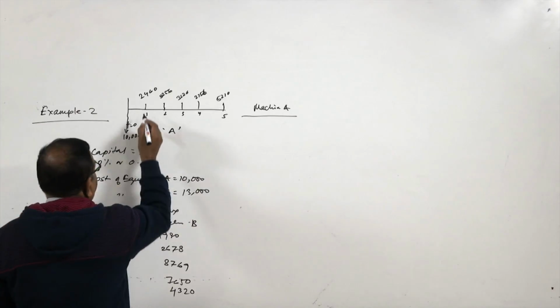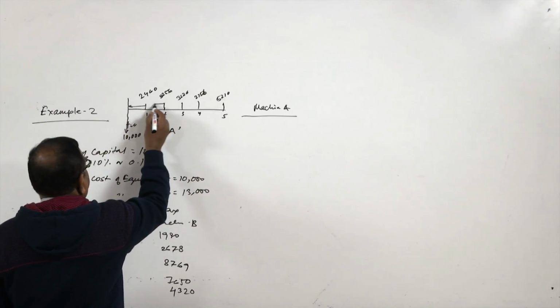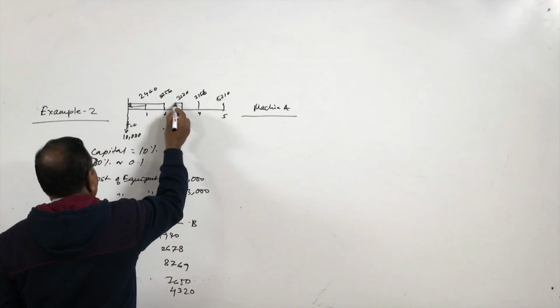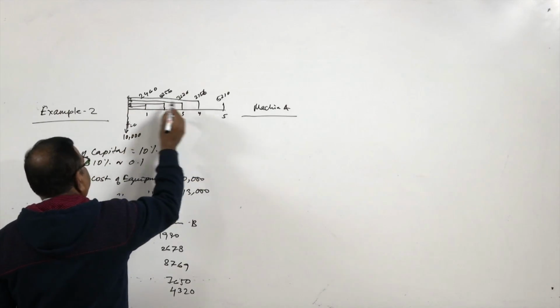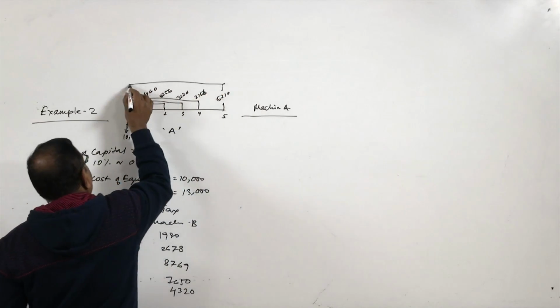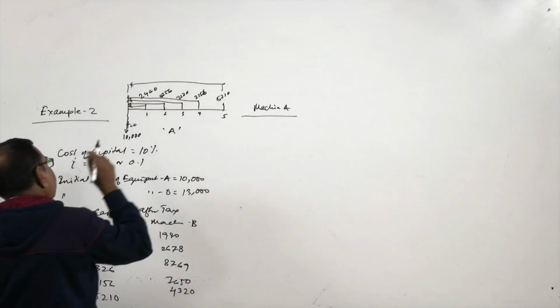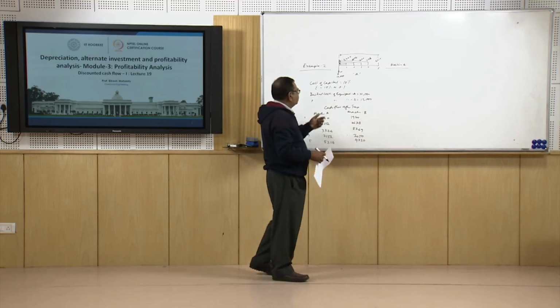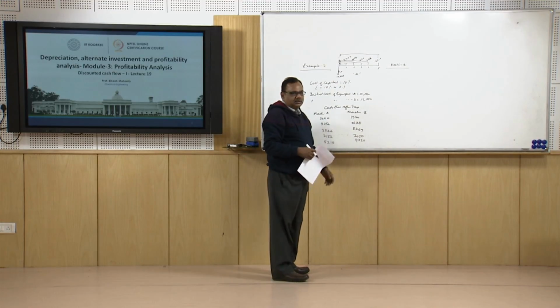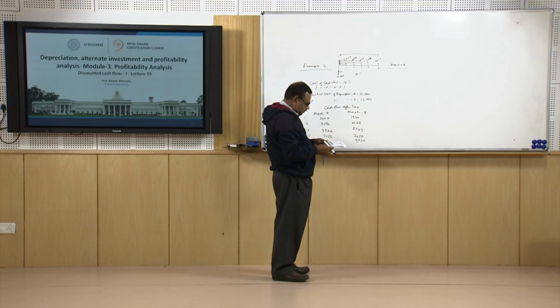So all these monies, their PV has to be calculated, and then we add it up, and whatever value comes out, we will deduct 10,000 and see whether NPV is positive or negative.